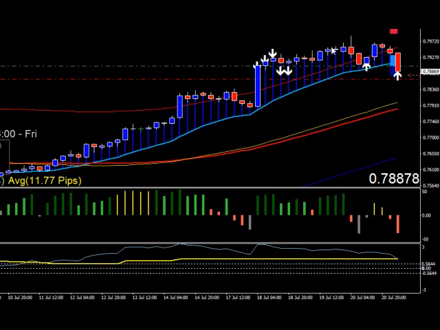If you're going to trade, you're going to have to understand that there are going to be losing trades and there are going to be winning trades, and you just want there to be more winners than there are losers. That's the main thing. And of course, I'm showing you this trade.